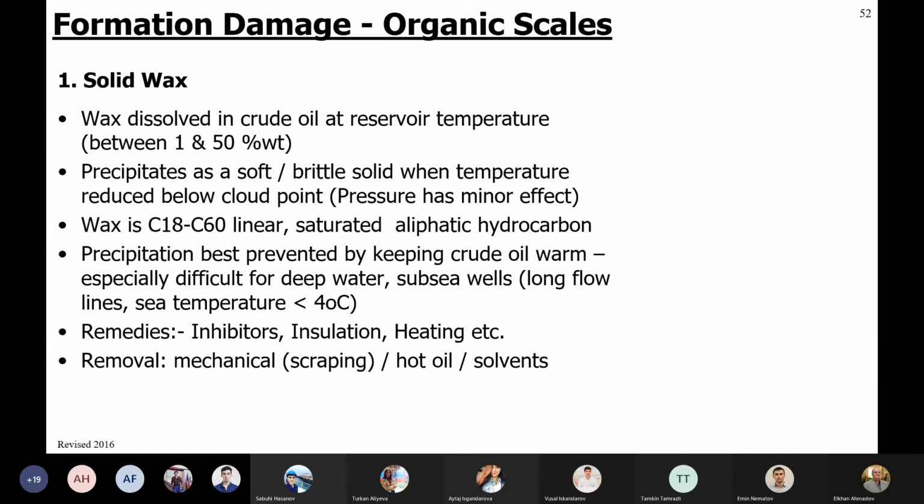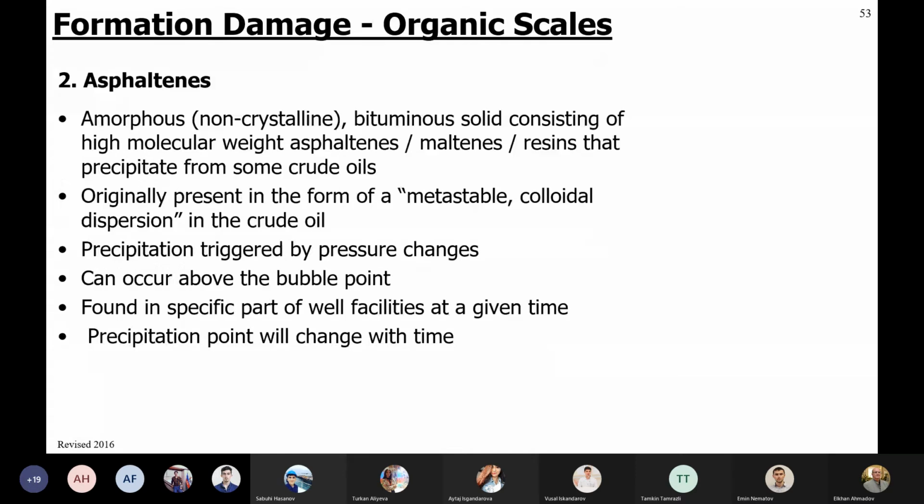Okay. Asphaltenes are another organic material, the precipitation of which is triggered by the pressure change. It is again just like wax. It's present in the crude oil as metastable colloidal dispersions, but the pressure change, the pressure decline, may cause those dispersions to precipitate, and it can occur even above the bubble point.